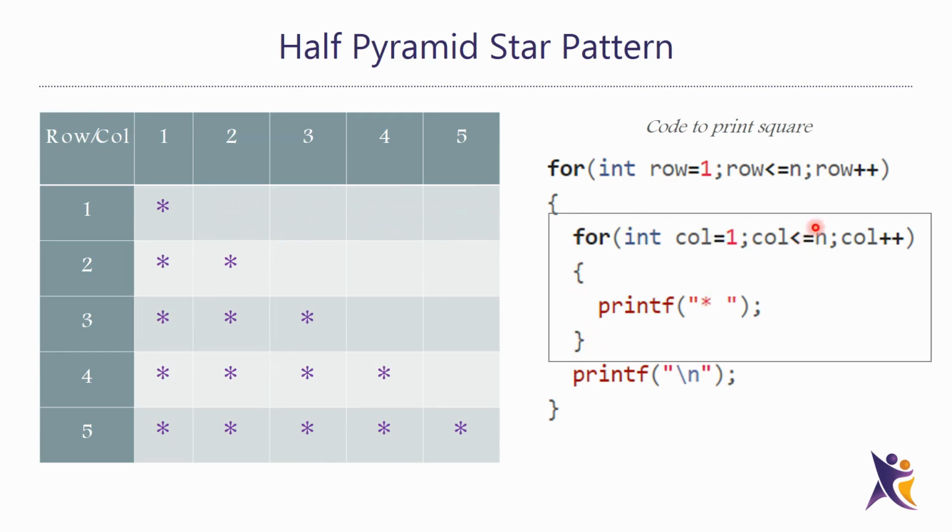For example, in the square pattern, we have given n, right? Let's say n is equal to 5. So for each row, it will print 5 stars, right? Suppose if I give 1 here, then for every row, it will print only 1 star. If I give n equal to 2, then for every row, it will print only 2 stars because this loop will be executed 2 times.